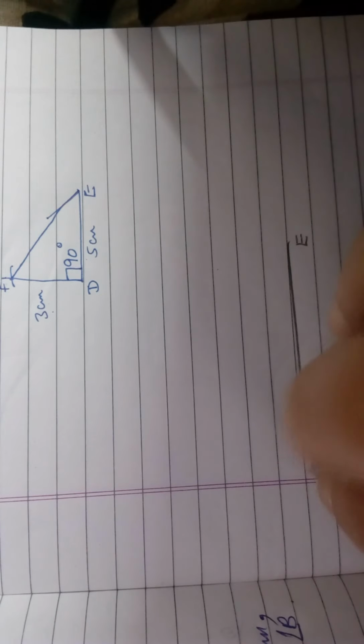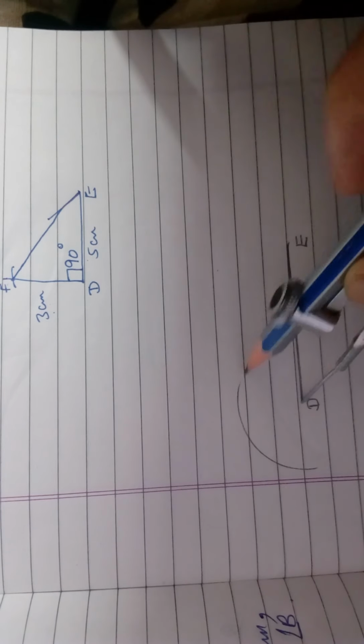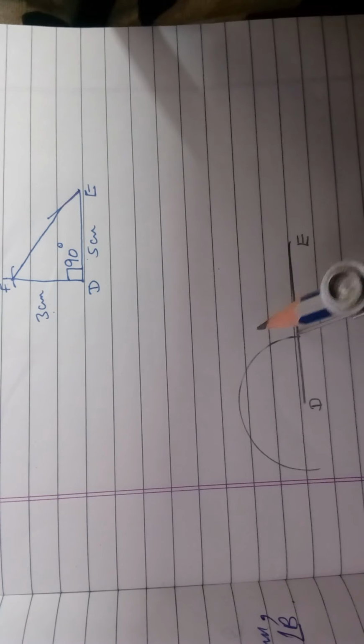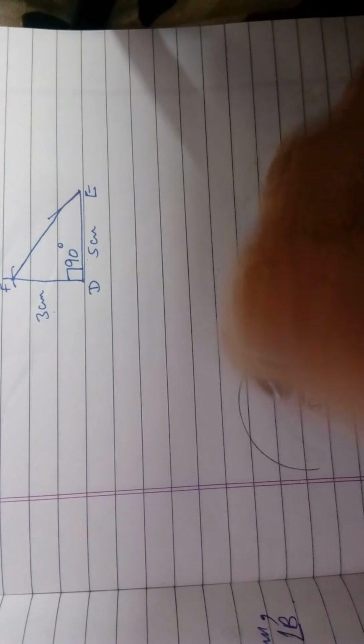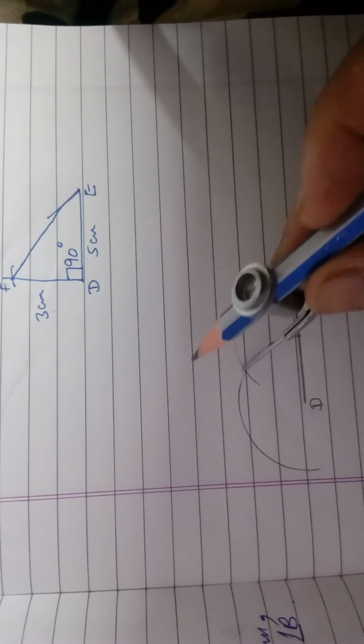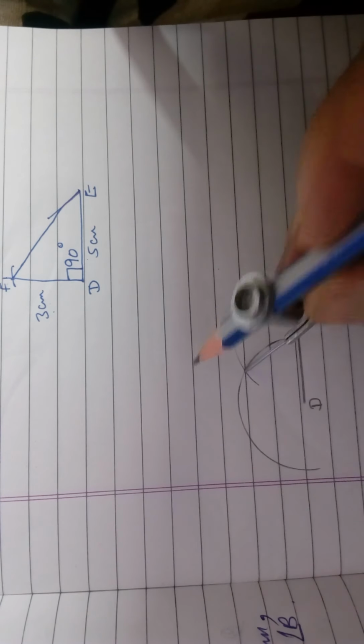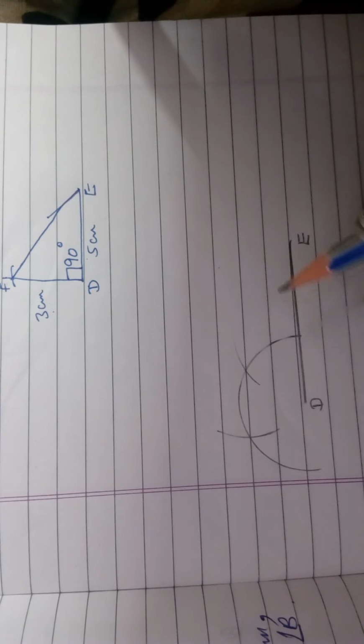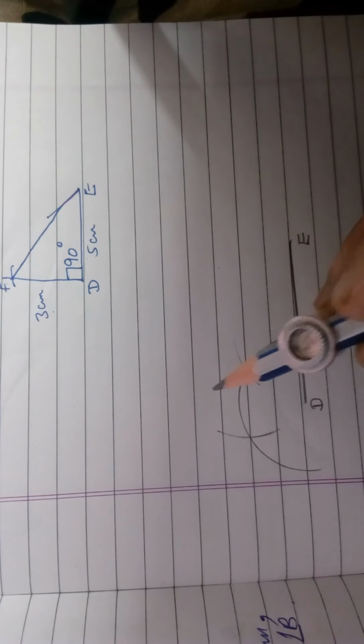See, with D as vertex, draw an arc. Okay, now without changing the radius, draw an arc. This is the angle of 60 degrees. This is the other arc. This becomes 0, 60, 120.